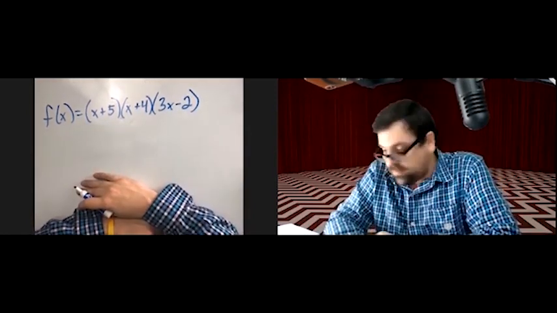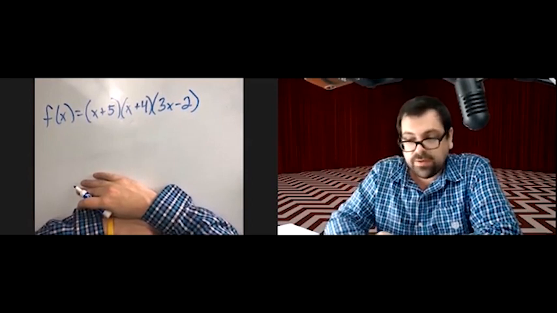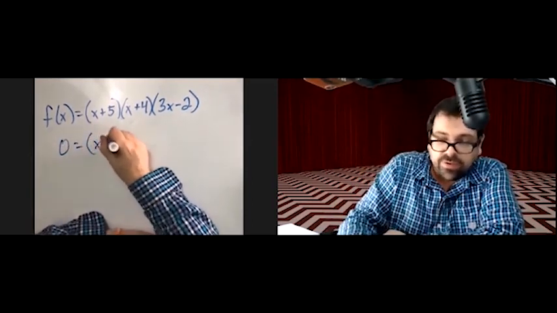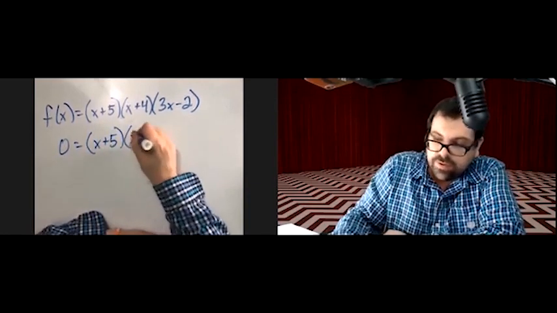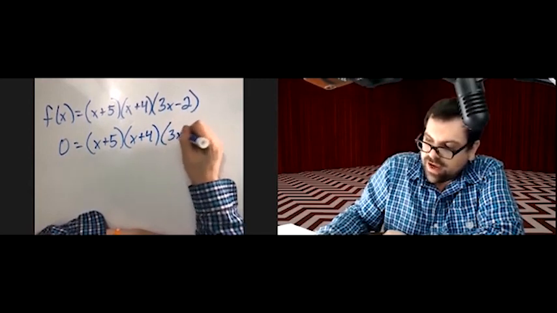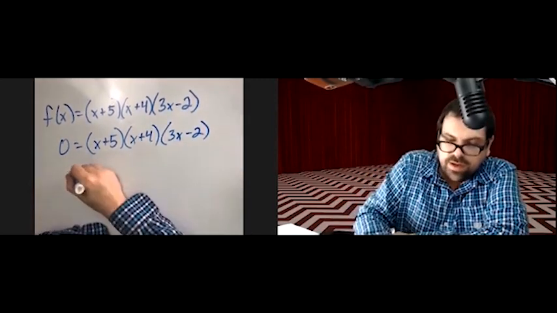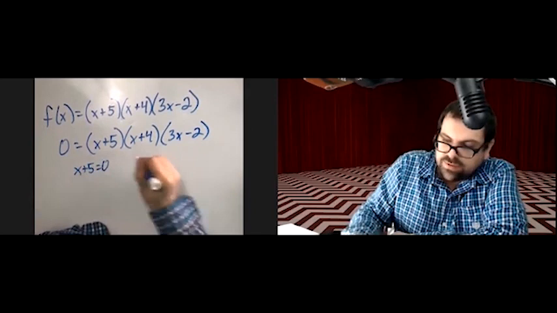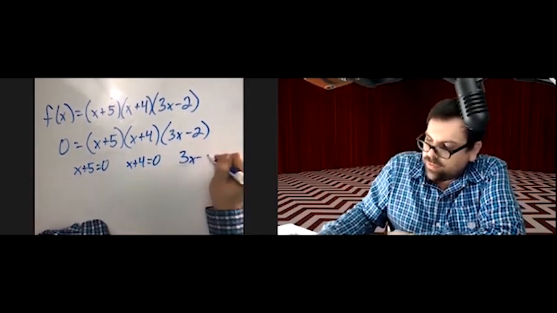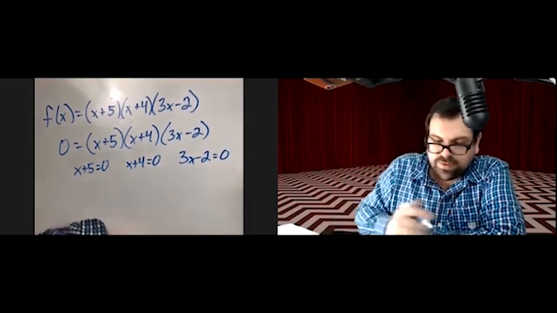Well, for one thing, if we set it equal to 0, we could continue to solve. We found the other factors. We can find the rest of the zeros. X plus 5 equals 0. X plus 4 equals 0. 3x minus 2 equals 0.